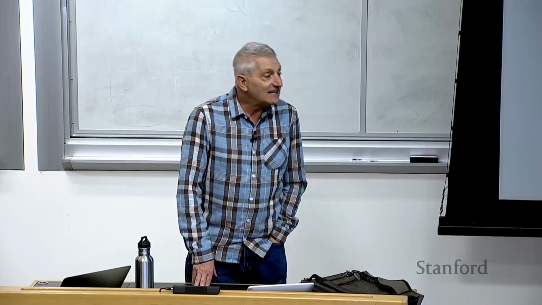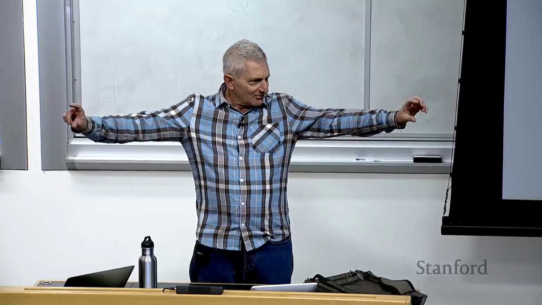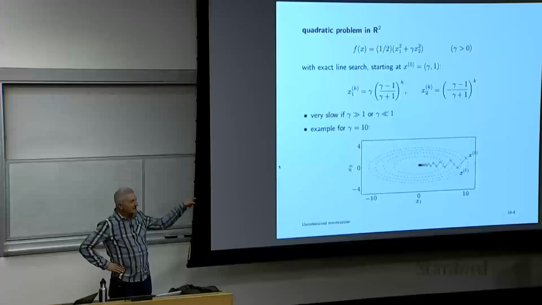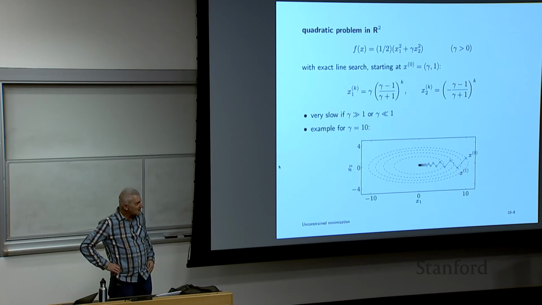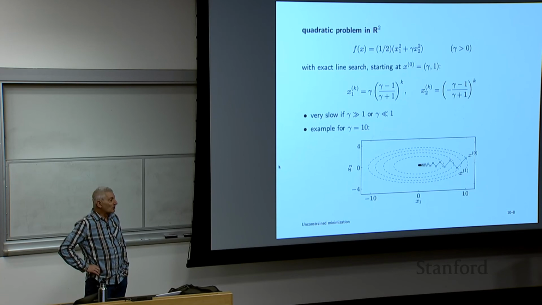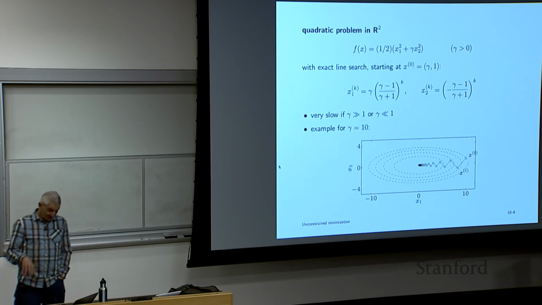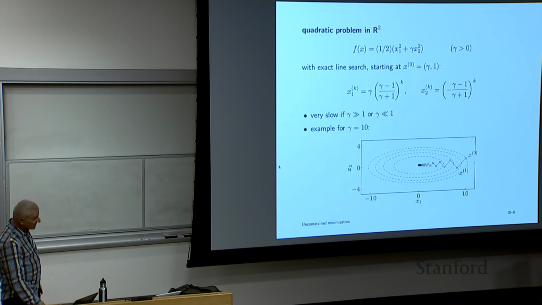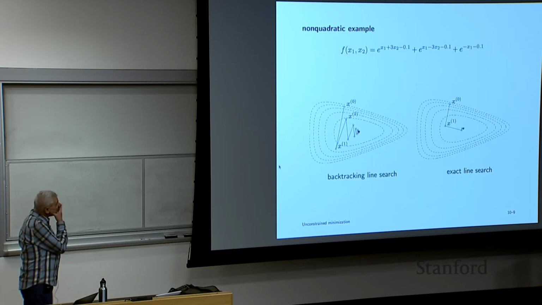If it has high condition number, or if the sublevel sets are weirdly squished out like this, that kind of thing is going to happen. Everybody got that? So that's kind of the picture here. That's actually a super important observation because we're going to use that. That's the segue to Thursday's topic.